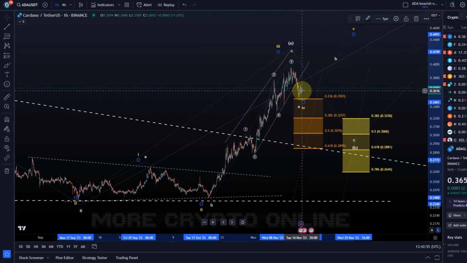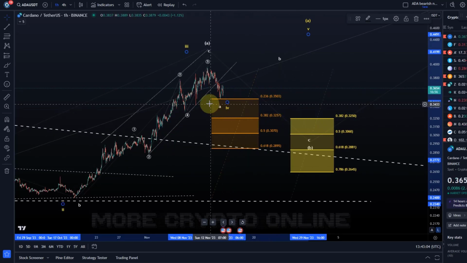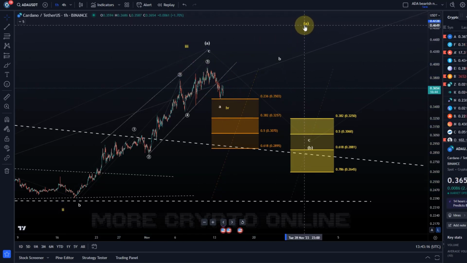But I would also prefer to see a little bit of a clearer wave 4. Typically, the 38.2 retracement level is an ideal one. But we'll see. The support area was acted on. And if we now see a break above 39.5 cents, it's likely wave 5 already. Then I would count that as all of A.